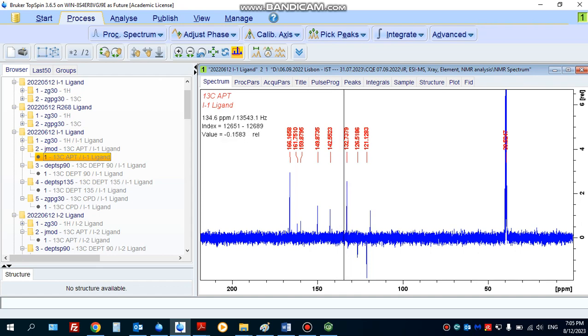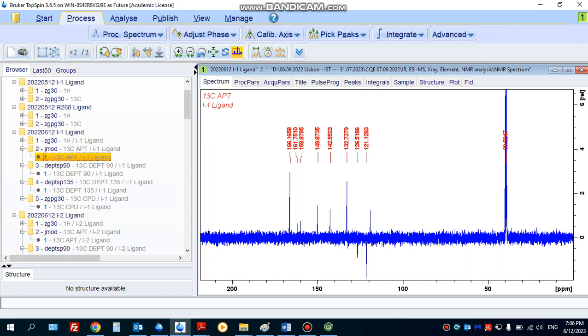That is the difference between C13 APT and C13 CPD. Also, using 13C APT you can save your time, because compared to CPD it gives a quick result. But you should always consider that in 13C APT the quaternary carbon peaks will be smaller compared to 13C CPD. So in conclusion, I think I have explained it clearly.